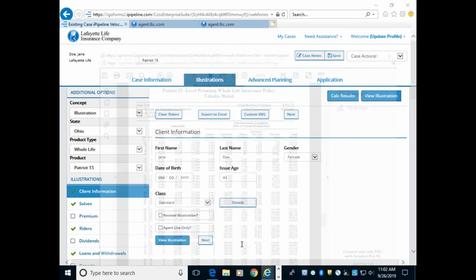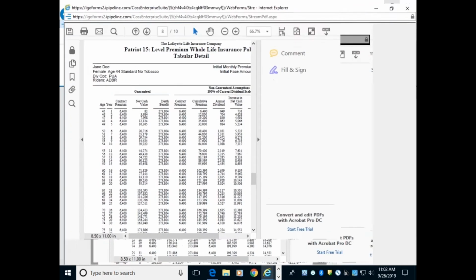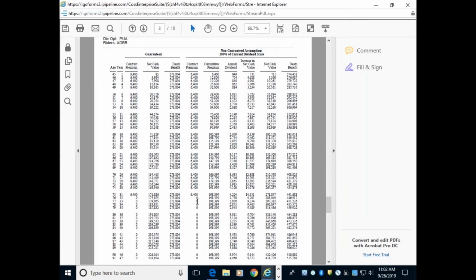So here's an illustration that we have that has been illustrated with a monthly premium of $533, and on an annual basis, $6,400. The premiums go to age 75, and then contractually the policy is paid up.